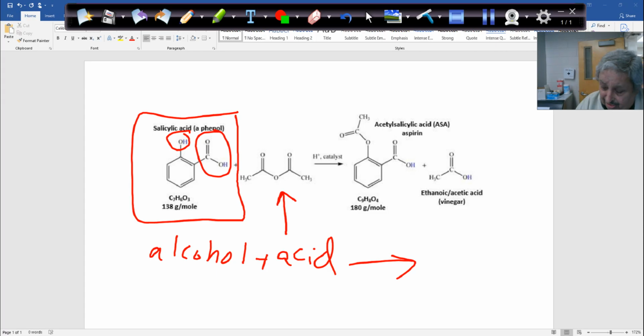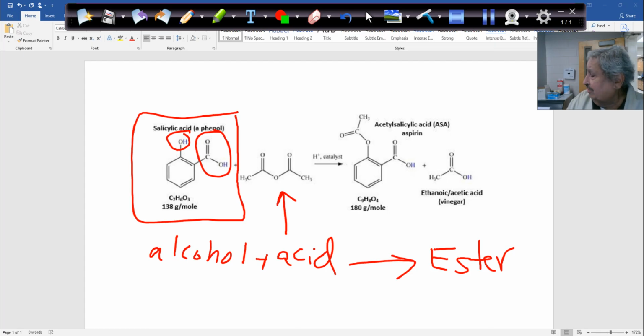When you mix them together, acid and alcohol, you make what? This is an esterification reaction. Esterification means you make an ester.